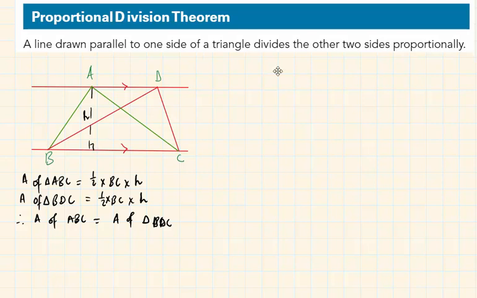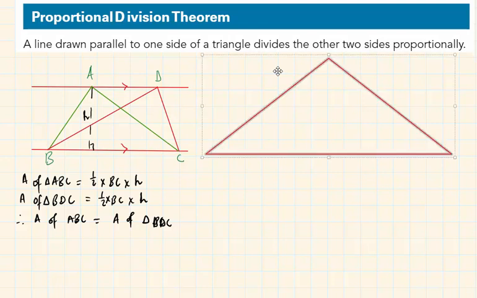Let us now suppose that we have a new triangle which is drawn here, and this triangle, let's call it triangle ABC. Now what the theorem says is, if a line is drawn parallel to one side of the triangle, it divides the other two sides proportionally.